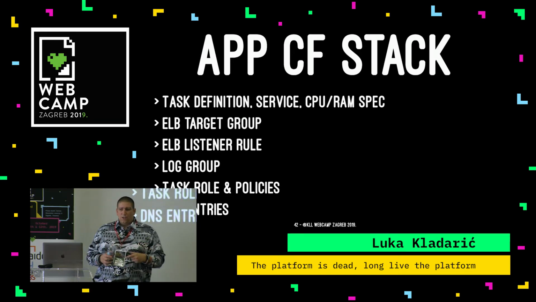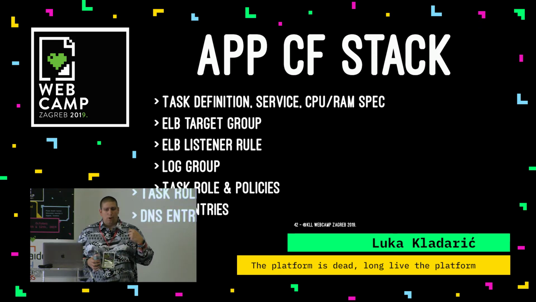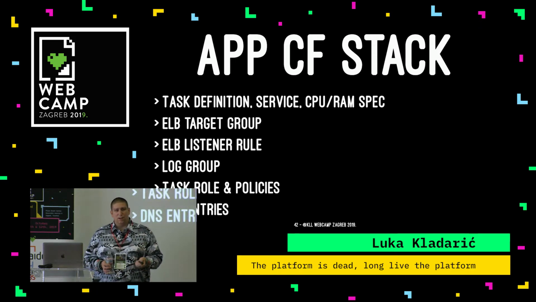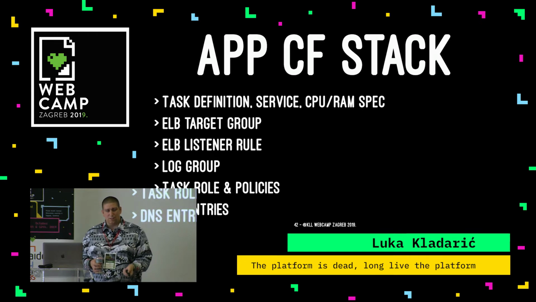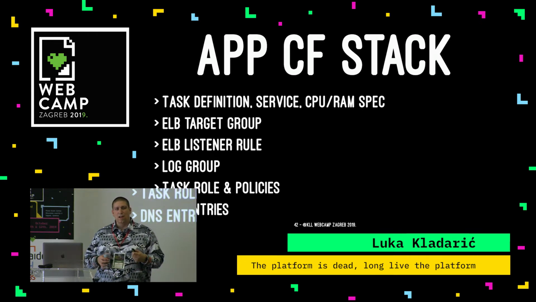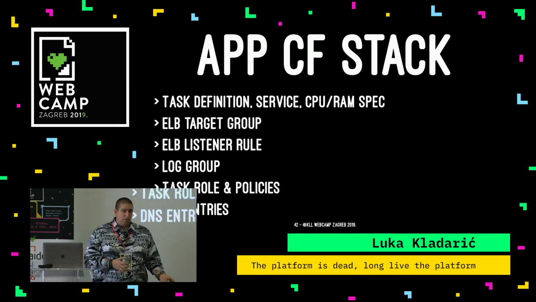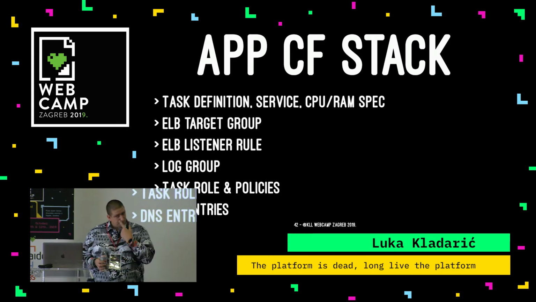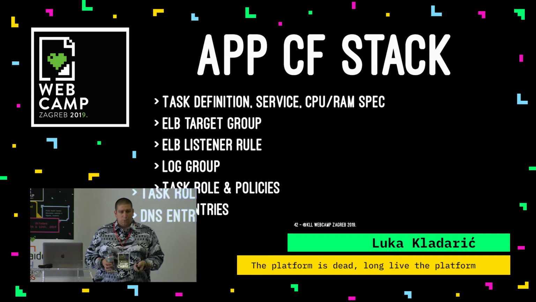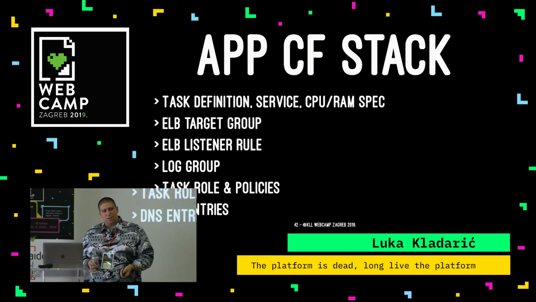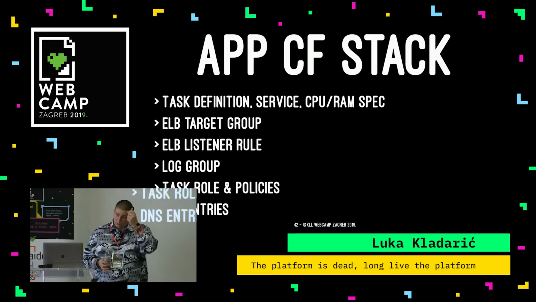And the CloudFormation template, the stack for an individual application, it defines the task definition, the service. Those are ECS things that define how many instances of a container you need, how many is considered healthy, and so on. What the size of those containers should be in terms of CPU and RAM. It defines a target group, which is just like the place where containers register to start serving traffic.